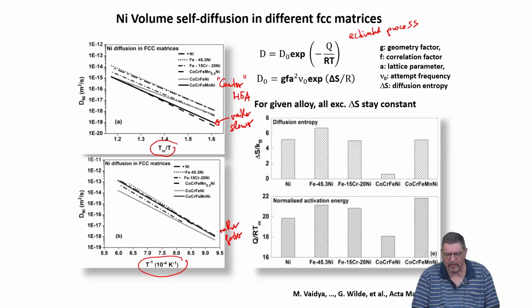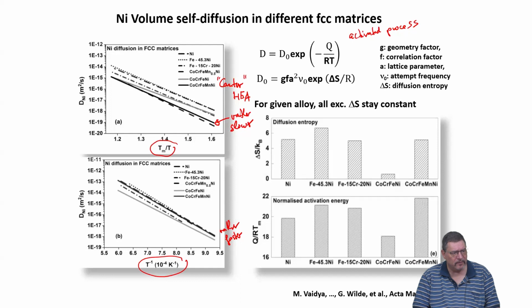Lattice parameter is clear. And then the geometry factor is basically related to the geometry of the lattice, whether it is strongly anisotropic or isotropic, and it's normally in these cubic systems around 1.